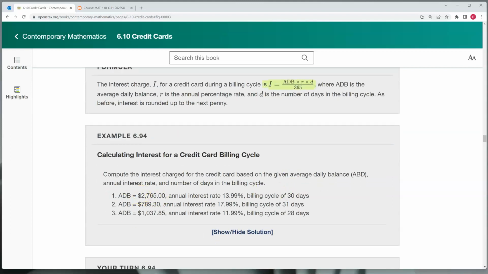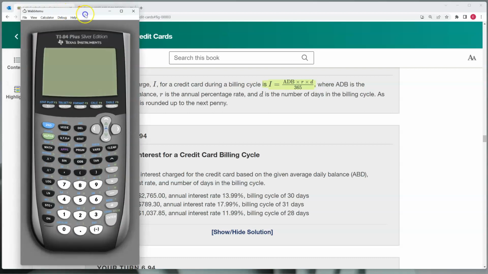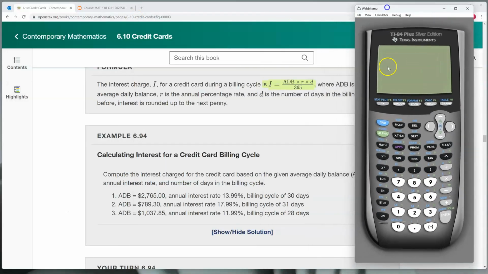So let's look at a quick example. I'm going to grab a calculator here. We want to compute the interest charge for the credit card based on the given average daily balance. They've gone ahead and calculated our average daily balance for us.